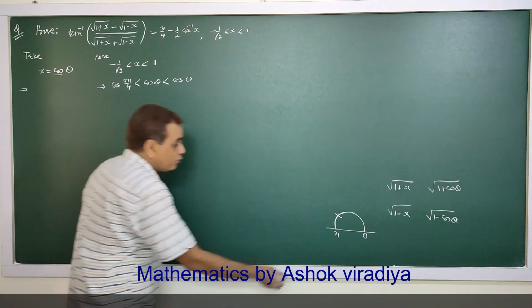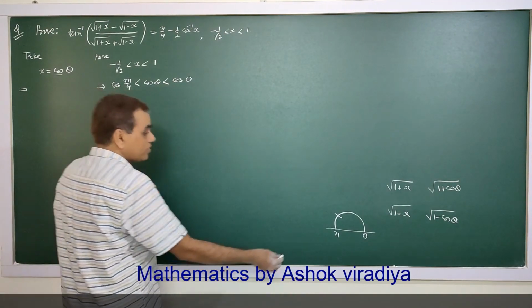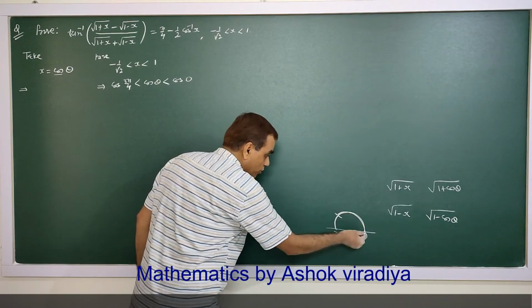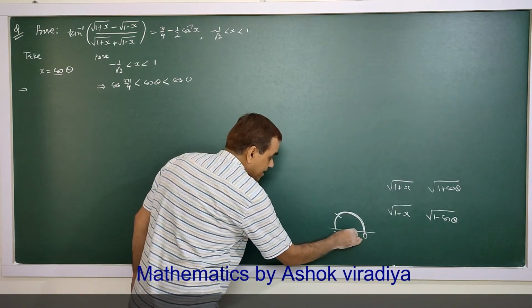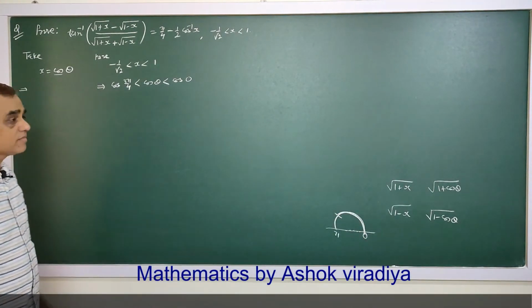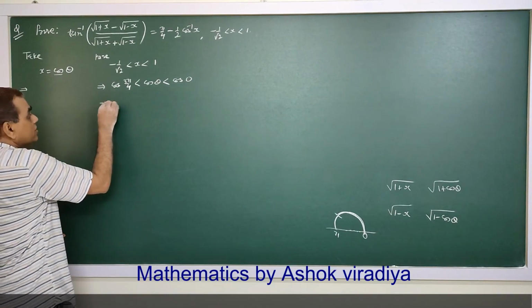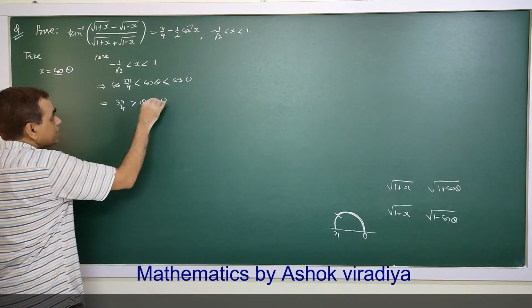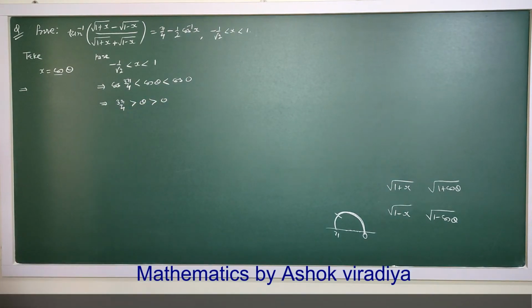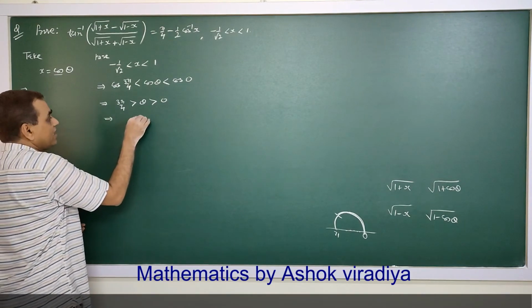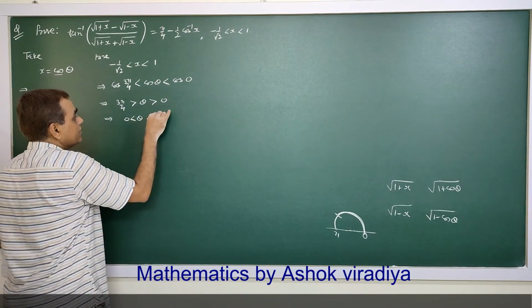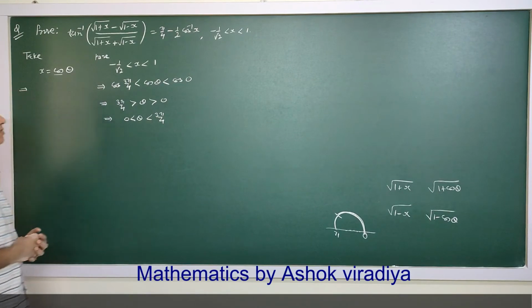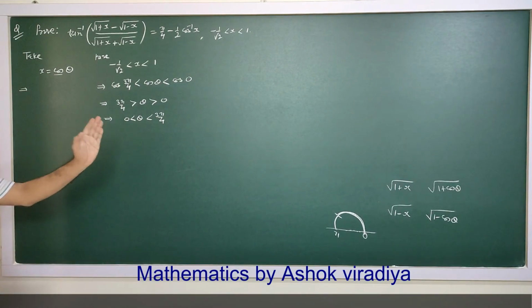Now when theta moves from 0 to 3 pi by 4, here cosine is decreasing. So when removing a decreasing function, the sign of inequality will be reversed. Inequality is reversed because cosine is decreasing. So that means theta is between 0 and 3 pi by 4, arranging from smaller to greater.